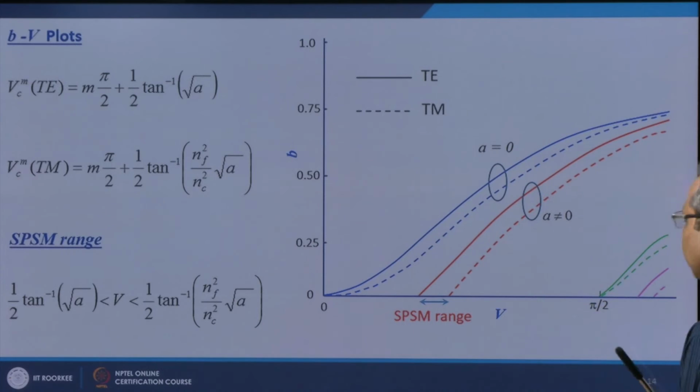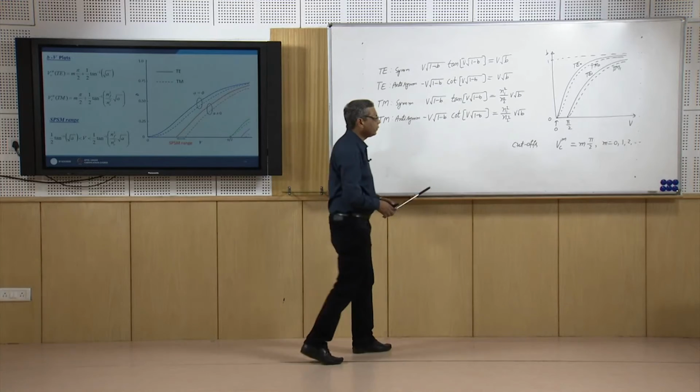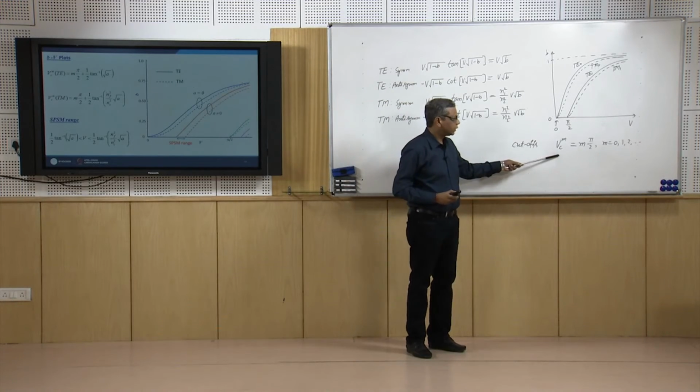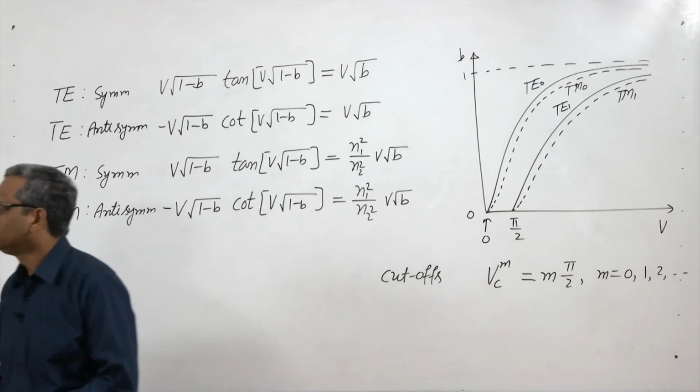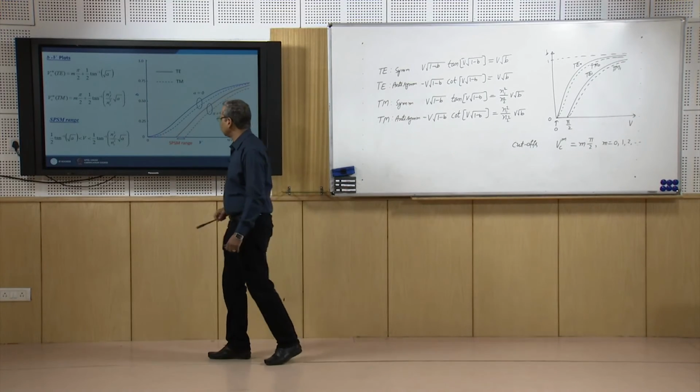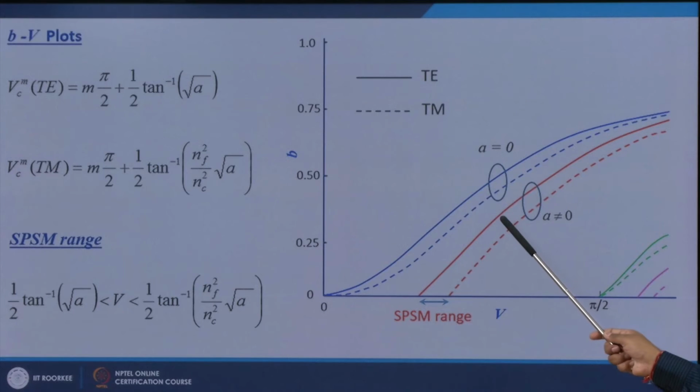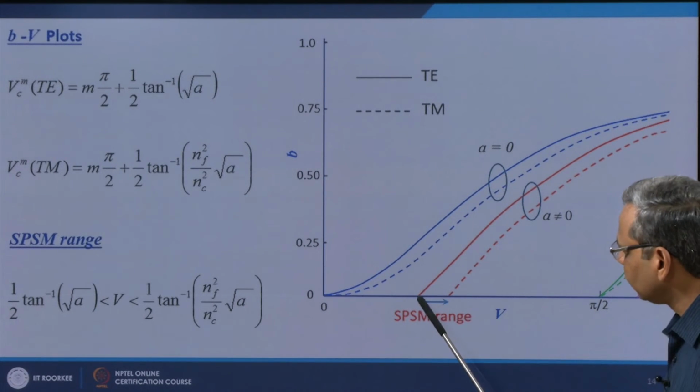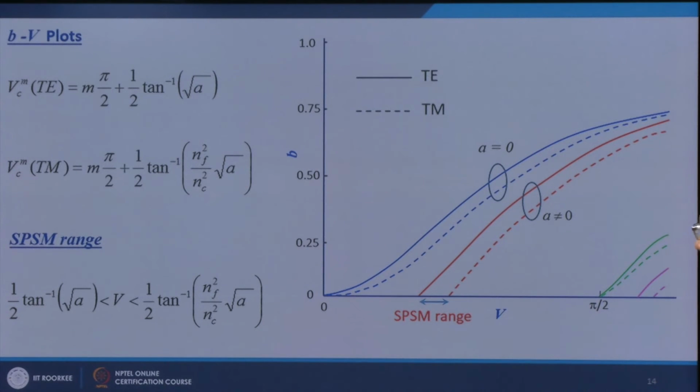In the symmetric planar waveguide, the cutoffs of TE and TM, both the modes were the same, m pi by 2, but now the TE and TM modes have different cutoffs. So, this is the TE0 mode, this is the TM0 mode. TE0 mode has cutoff here, TM0 mode has cutoff here.